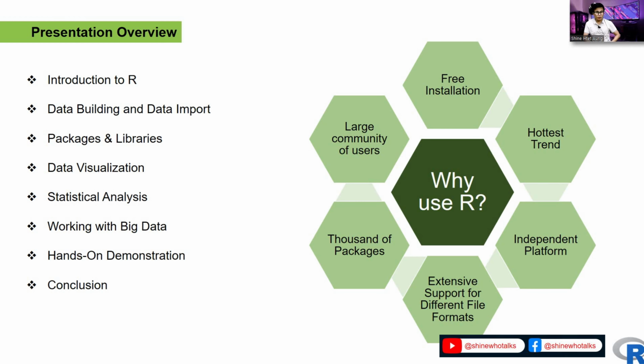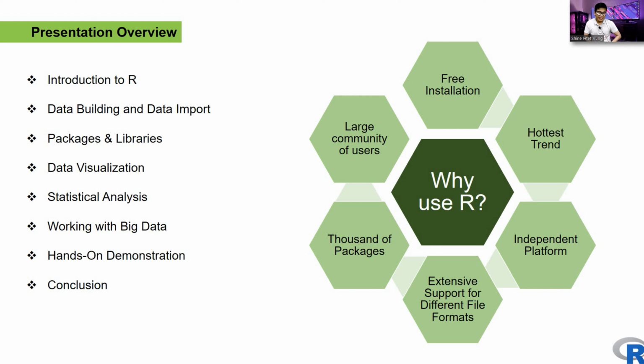Firstly, I want to say why we use R software, because R software is free to install. That means you don't need to worry about licensing or payment, because you can use it freely. Nowadays, R software is a hot trend because of its capability. It is also an independent platform.